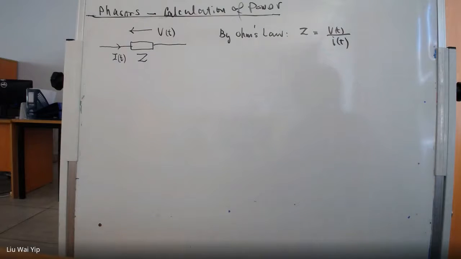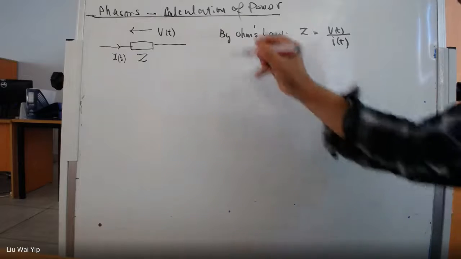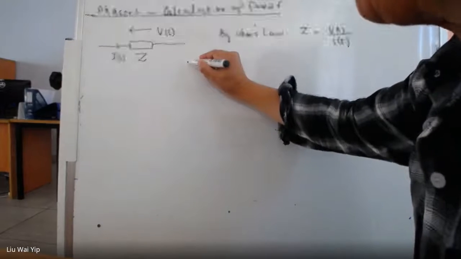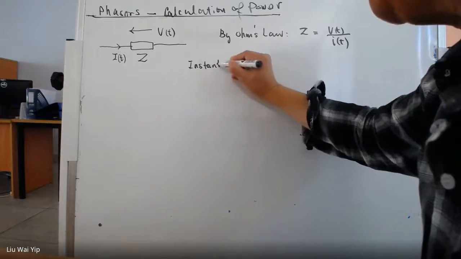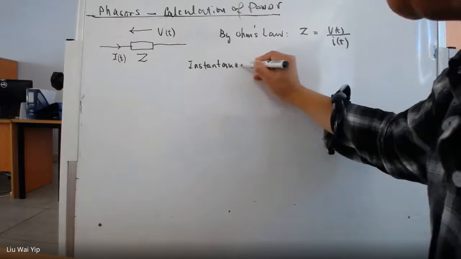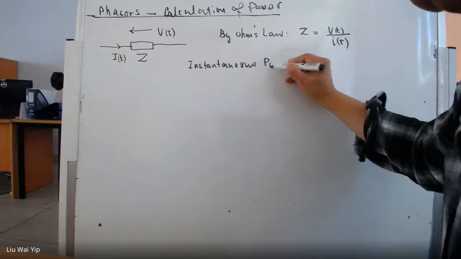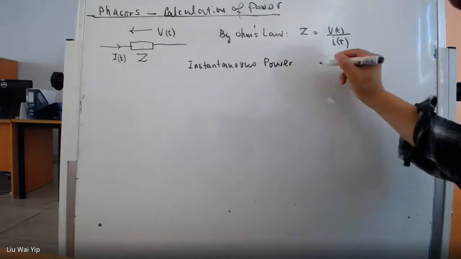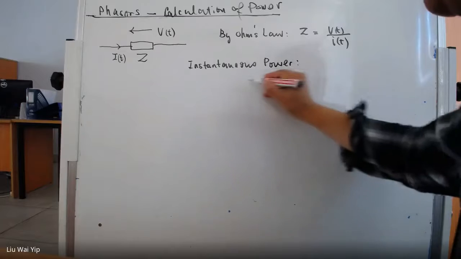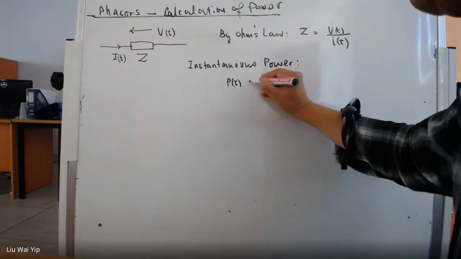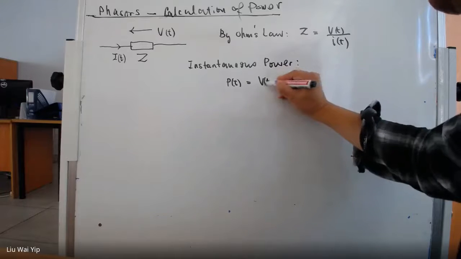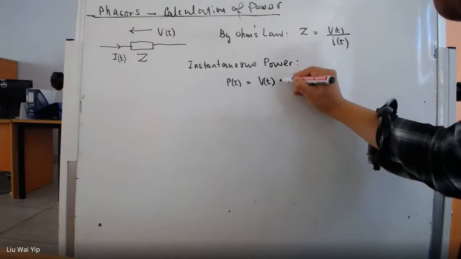Now, how about the power? The instantaneous power is going to be P of t, which is Vt times It.